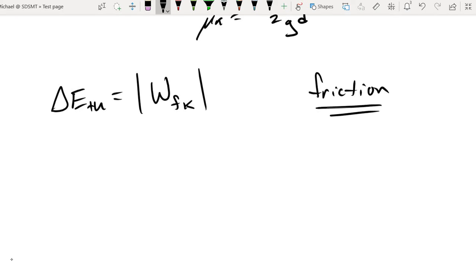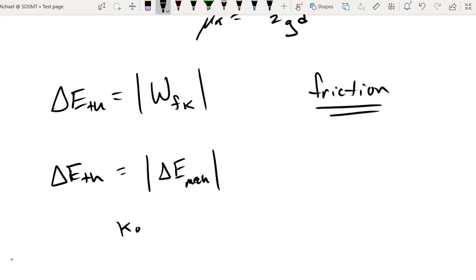We don't really have any equations that we've gone through and derived for air resistance. But that's okay, because another way that we can find the change in thermal energy is to go back and look at how the mechanical energy in the system changes.